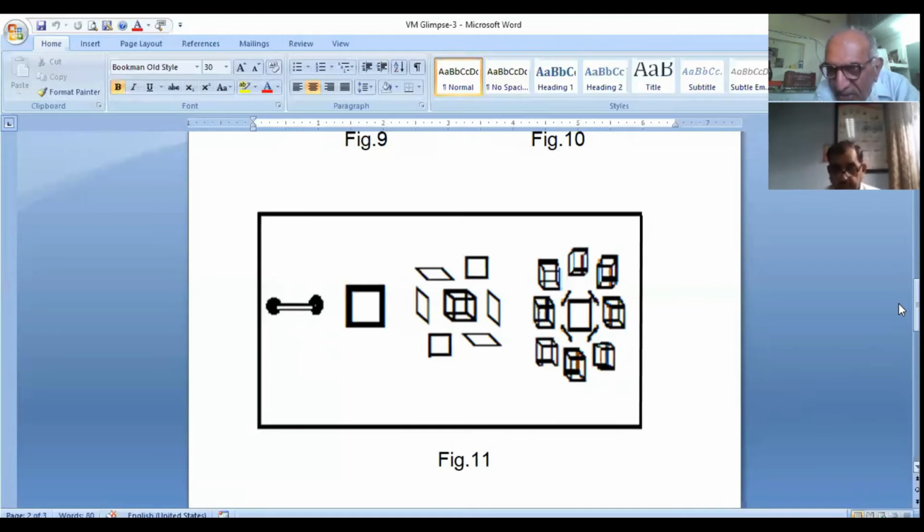So at the center there are 9 points. One point is the center itself, and the 8 points are the innermost corner points of the 8 subcubes. Now these 8 innermost corner points of the 8 subcubes are the 8 components of the boundary of the force space. It is the hypercube of 4.